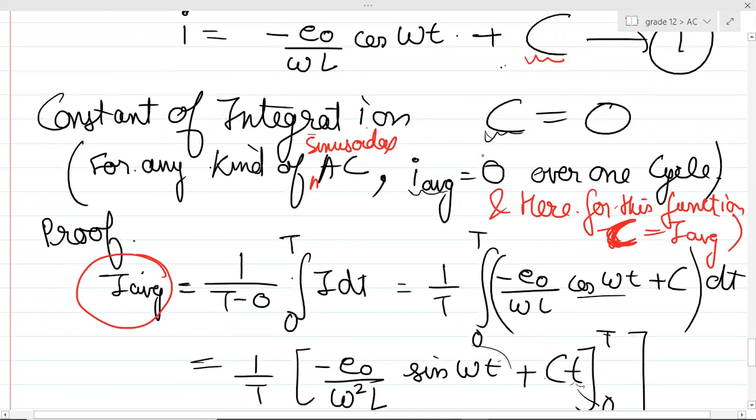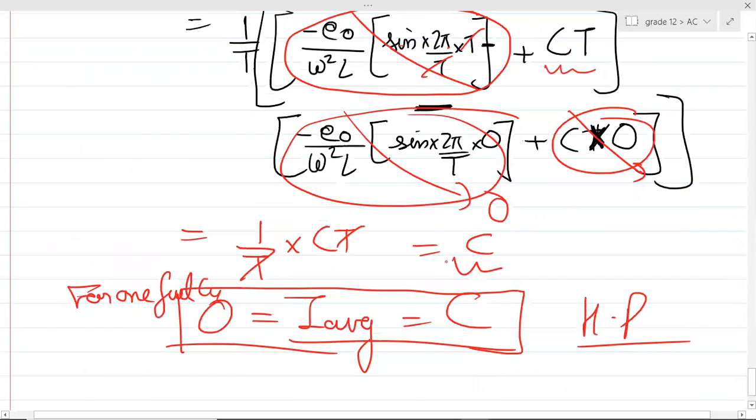So by both the things, please remember this proof is not there in your school syllabus, just this statement is there. So this constant of integration is 0. You'll write the reason: for any kind of sinusoidal AC, I average value is 0, and here in this case the constant of integration is equal to I average. So ultimately from both the statements, C's value is 0.